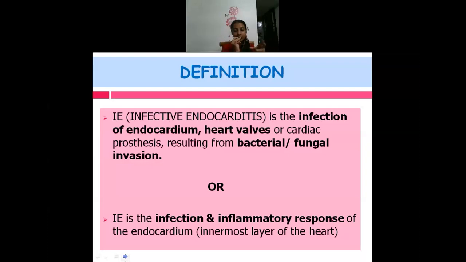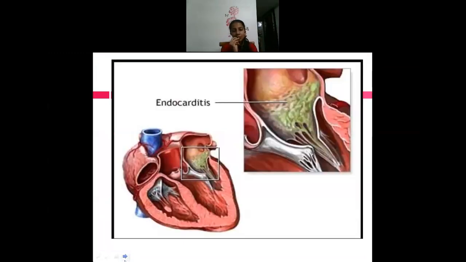That is why this definition. Otherwise the simplest definition which you can write is that it is the infection and inflammation of the endocardium, which is the innermost layer of the heart. This is just a picture of endocarditis where there is an inflammation of the endocardium.